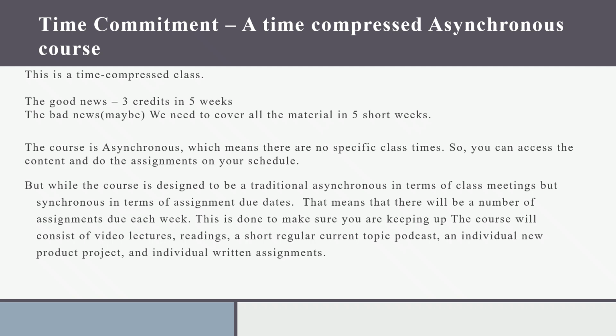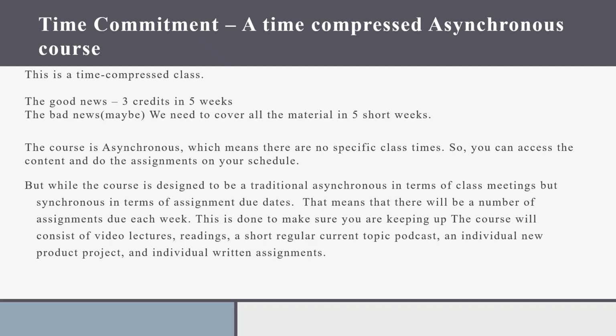This is a time compressed class. The good news is you'll get 3 credits in 5 weeks. The bad news, maybe, is that we'll need to cover all the material in a short 5-week session. The course is asynchronous, which means there are no specific class times. So you can access the content and you can do the assignments on your own schedule.